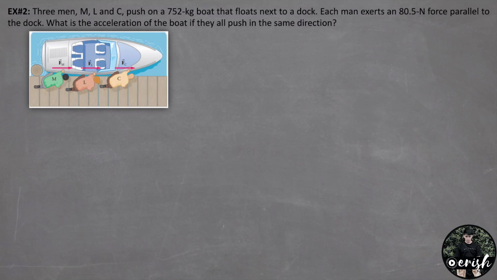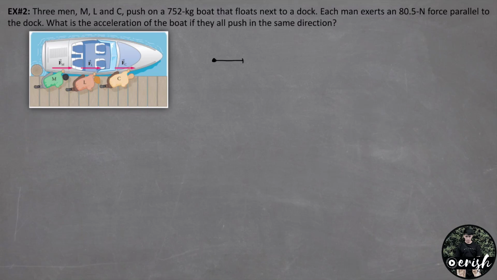So, sa free body diagram, kung gagawin na natin siya ng free body diagram, so, ang object natin is yung boat, and ko-convert natin siya into a point. So, ayan. So, we have 3 forces na iisa lang ang direction.